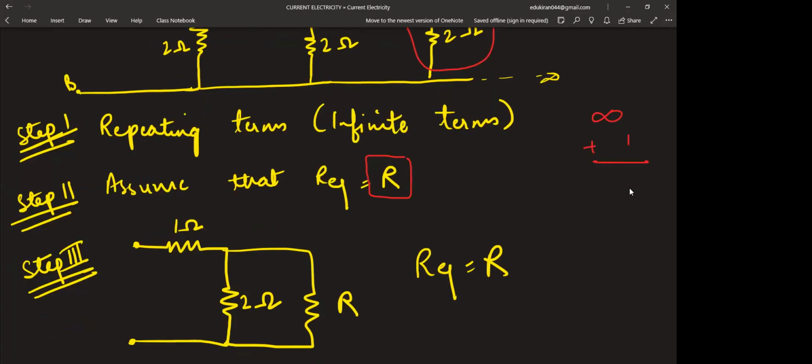Infinity, exactly. Because if you add 1, such a small number, to infinity, that won't make a difference.